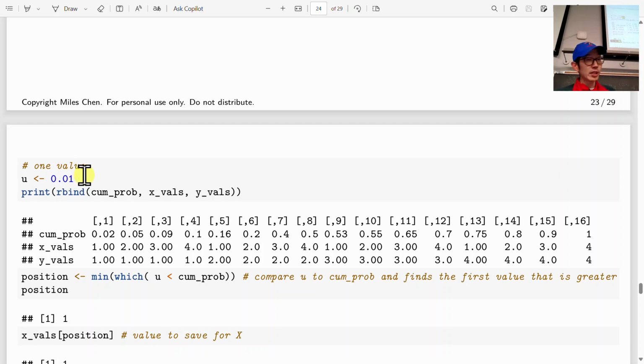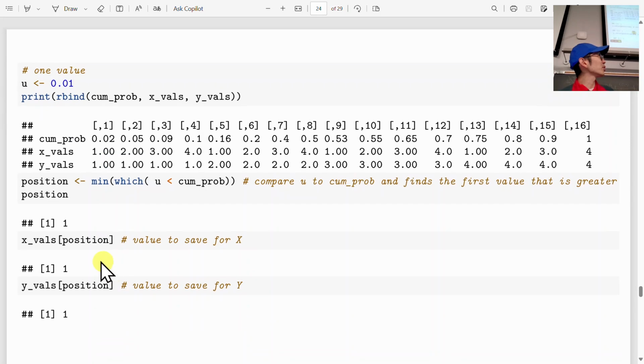I want to ask which cumulative probability is greater than u, but I want the smallest one that's greater than u. The smallest cumulative probability bigger than 0.01 is the first one, 0.02, so I pull out the x and y that correspond to the first value, which are 1 and 1.